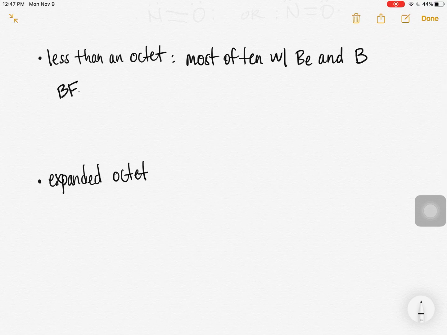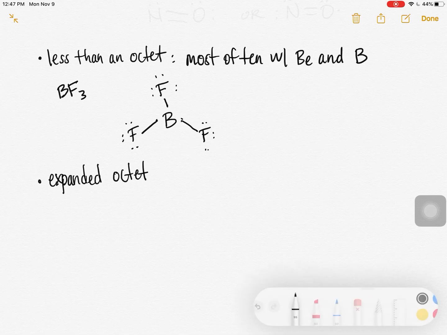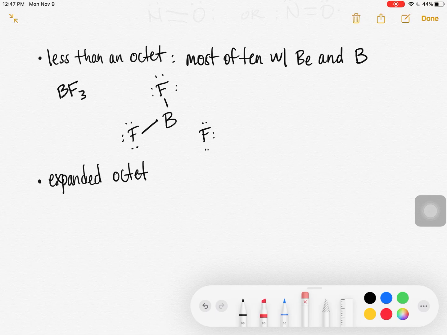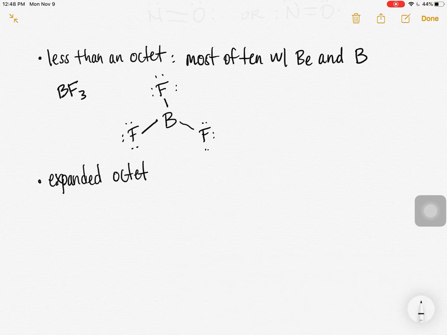If you were asked to draw the Lewis structure for BF3, you think about boron in the middle with 3 electrons and 3 fluorines, each with 7. It works out, it looks like a really nice structure until you realize that boron only has 6 electrons.